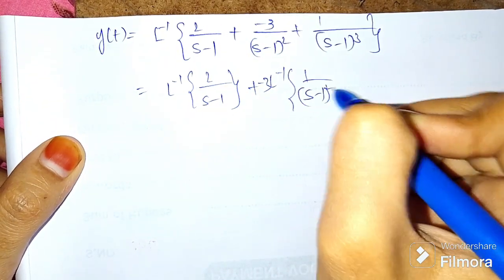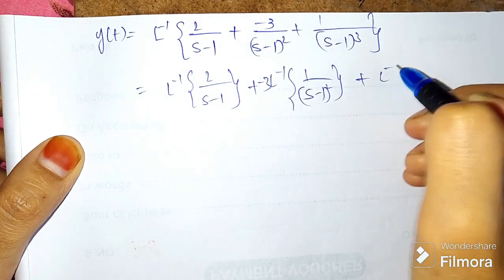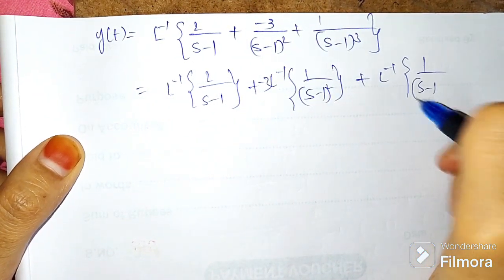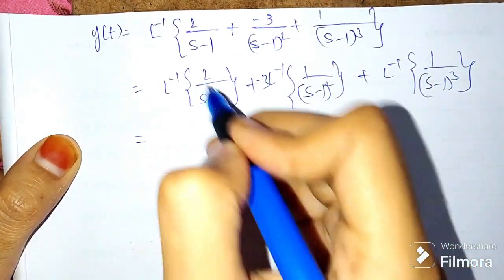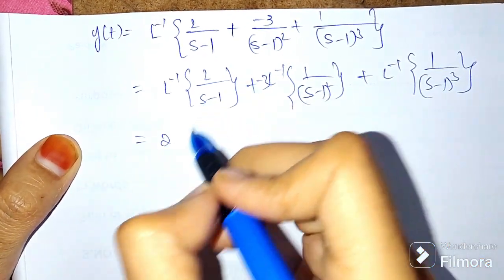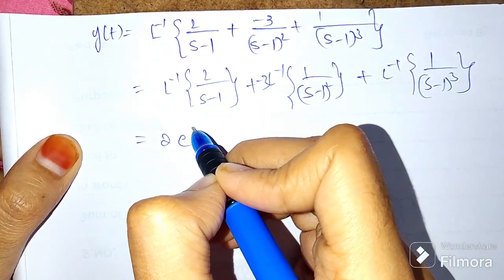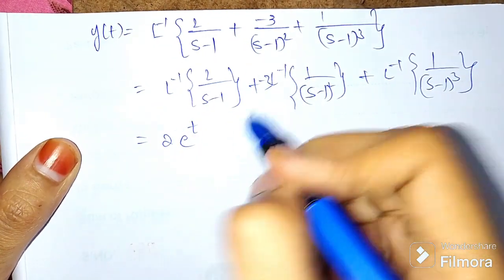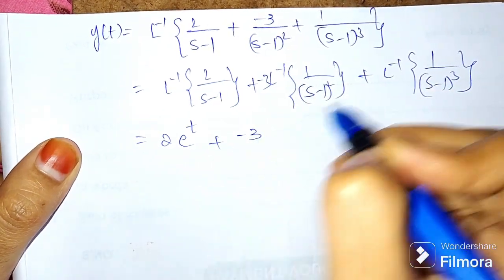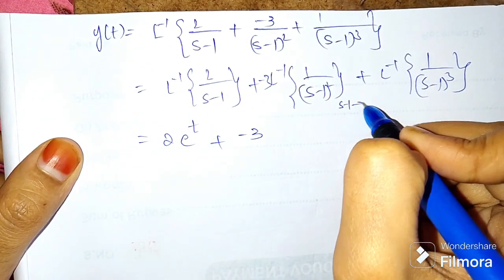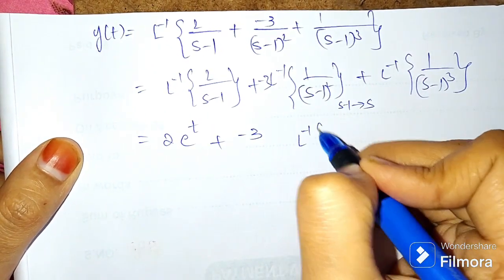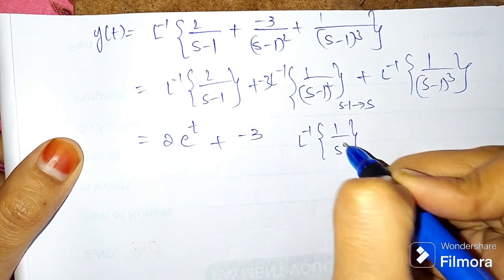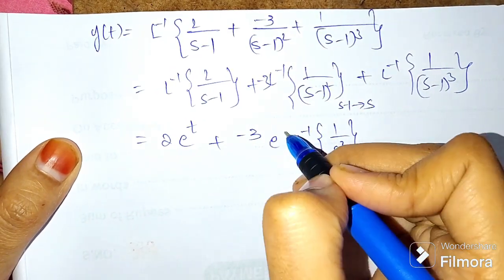Now I will use my first shift property. So this I can write directly: e power t, and the 1 by s minus 1 gives plus t. For this how will we write? I'll shift my s minus 1 to s, so 1 by s square, but before that I have to write e power t.